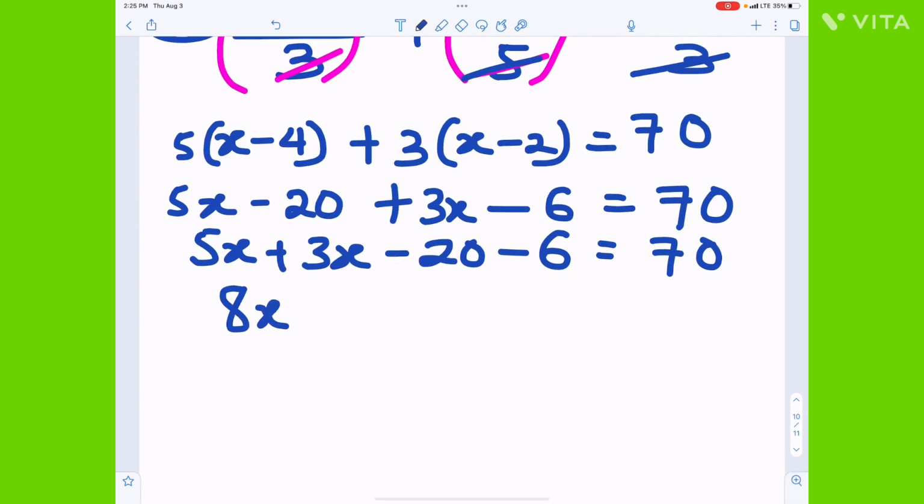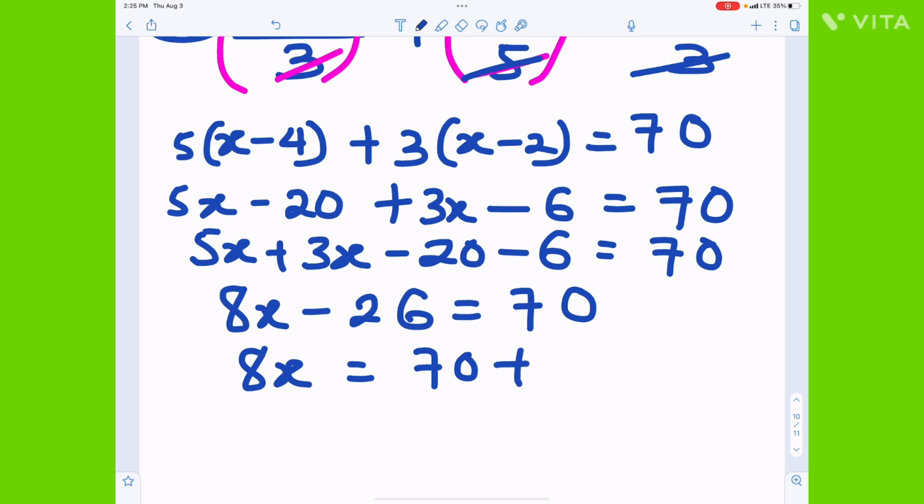This gives 8x minus 26 is equal to what? 70. 8x is equal to 70 plus 26. Take note of these two. Minus 26, I brought it to the right, collecting like terms. It's crossing the equality sign. So it will change from minus 26 to what? Plus 26. So 8x is equal to 70 plus 26, 96.